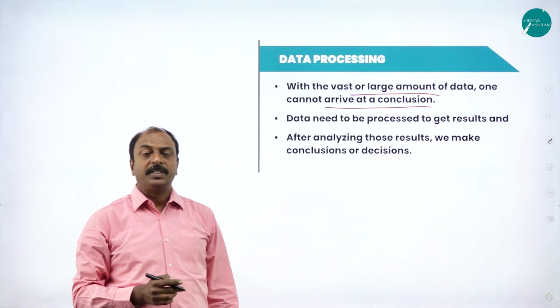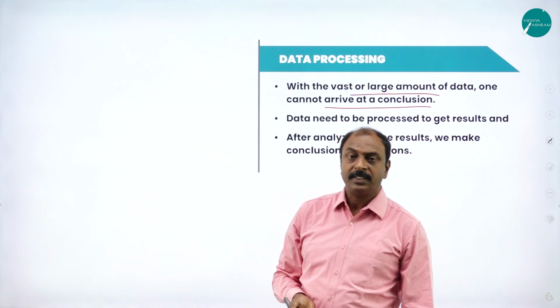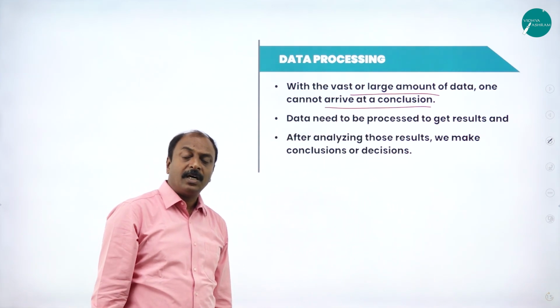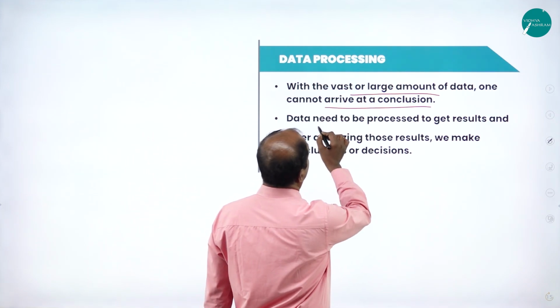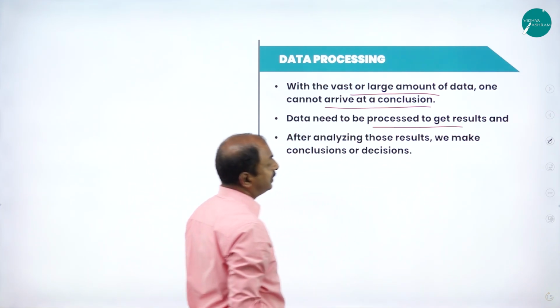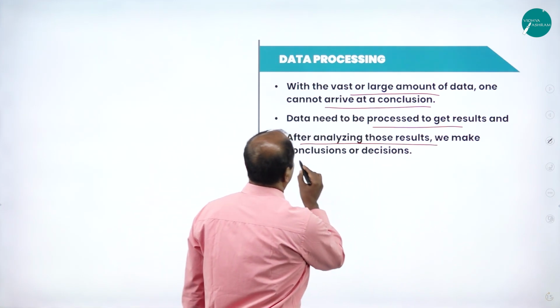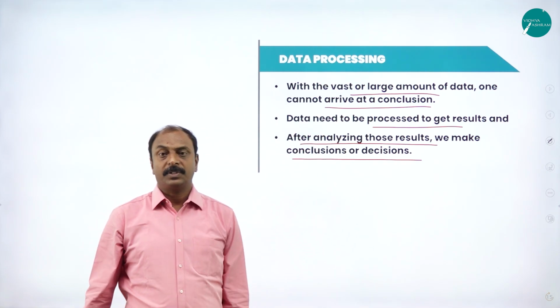Suppose we just gather the data from different resources, it is not possible for us to make any decision. So the data needs to be processed to get the result, and after analyzing those results, we make conclusions or decisions. That is the purpose of data processing.